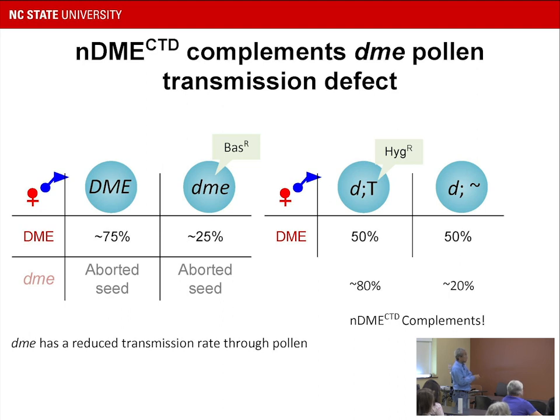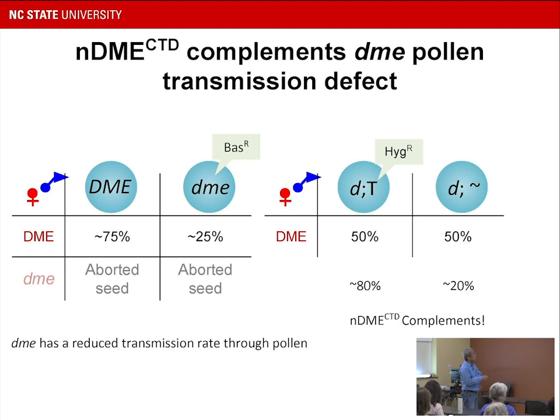Now, if your female is wild type and on the male side it's heterozygous, even though DEMETER has no function in the endosperm from the paternal allele, it affects the pollen transmission. You're supposed to get a 1-to-1 ratio if it transmits randomly from the pollen, but instead you get almost a 4-to-1 ratio of wild type versus heterozygous mutant.